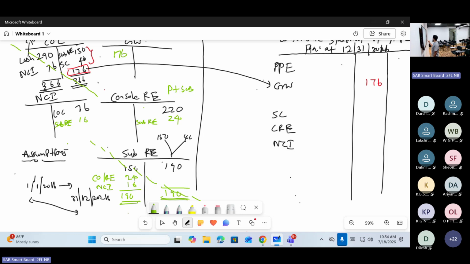Now we are going to finalize this account, NCI. NCI how much?